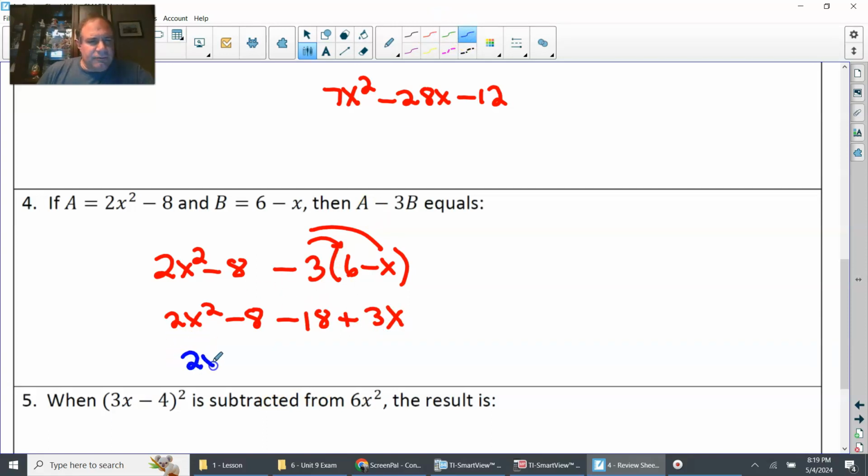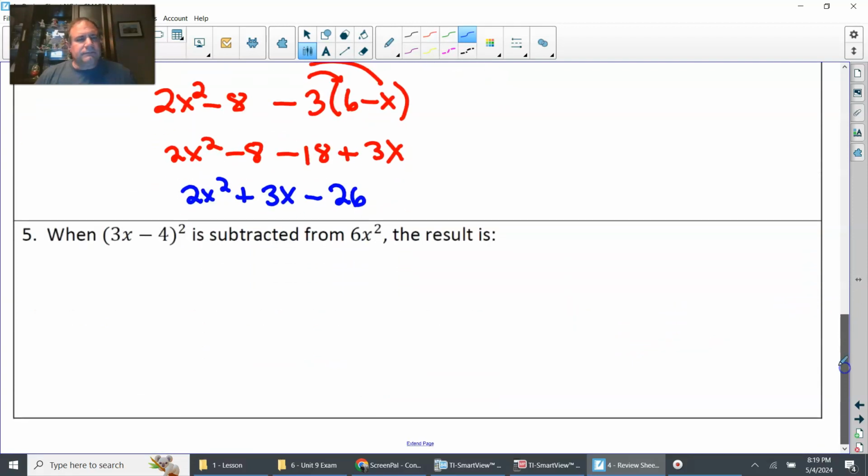Now I have 2x squared, just combine like terms, plus 3x. And I am going to have a minus 26. This is being subtracted from this, right?